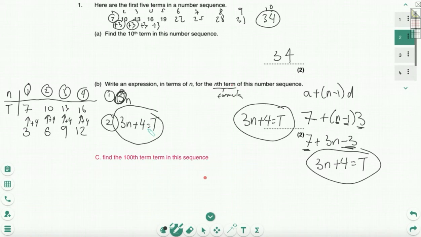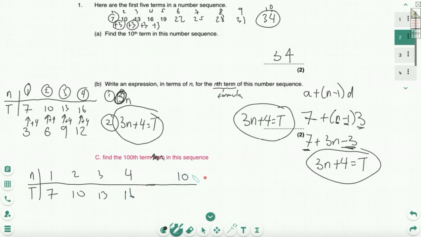Finally, I've added on this extra question. Find the 100th term in the sequence. So we have our sequence. Let's draw our table out to help us visualize. The first term is 7, the second term is 10, the third term is 13, the fourth term is 16. We want to find the 100th number in the sequence. Well, I don't want to keep on adding 3 until I reach the 100th number. Let's just plug 100 into our nth term.